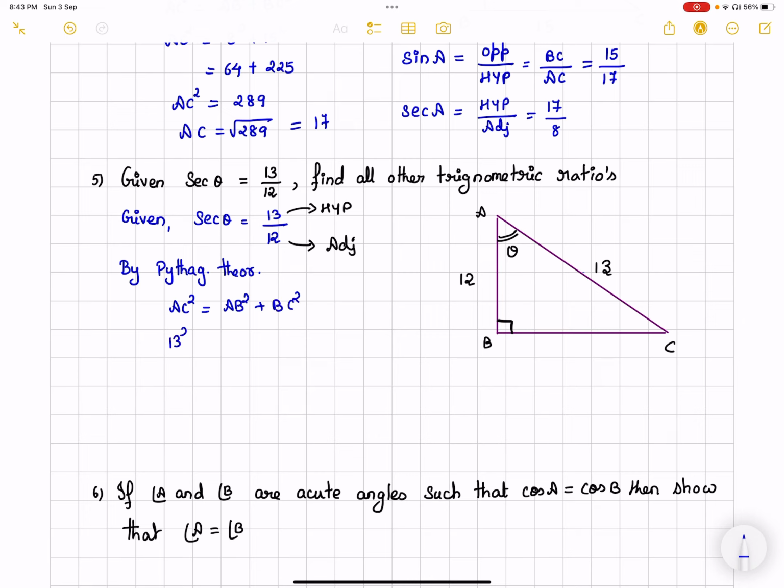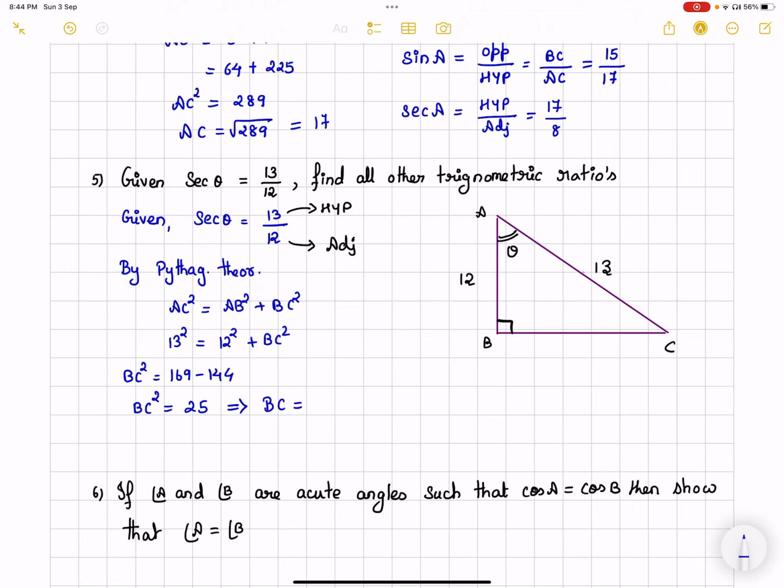So 13 square is equal to 12 square plus BC square. Obviously, the 12 square would go to the other side. So I have 169 minus 144 is equal to BC square, which is 25.